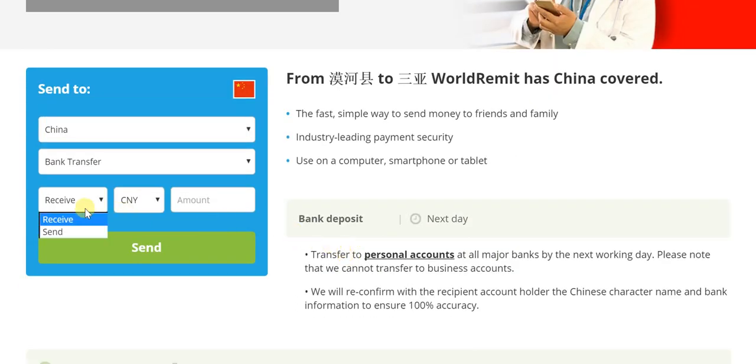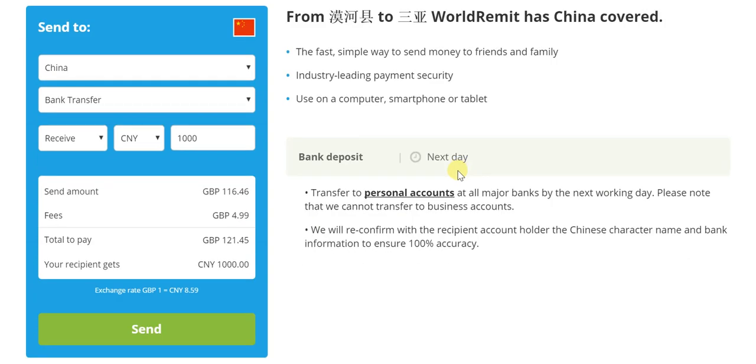Between send and receive, we'll look at receive because we want to be sure how much the recipient in China is going to receive. So let's take a relatively nominal figure of say 1000 Chinese yuan, which the recipient in China is to receive.